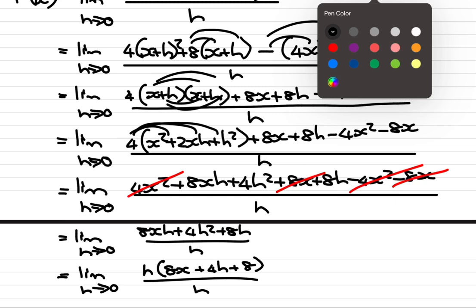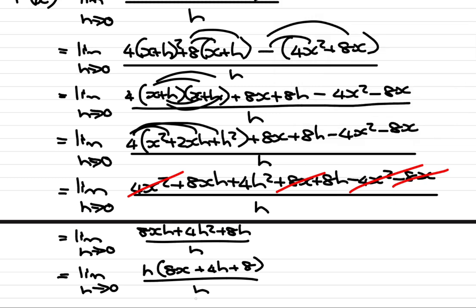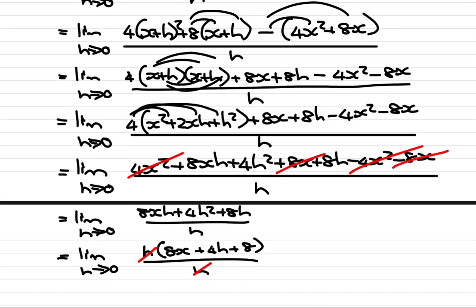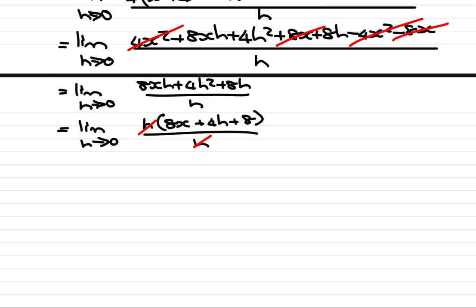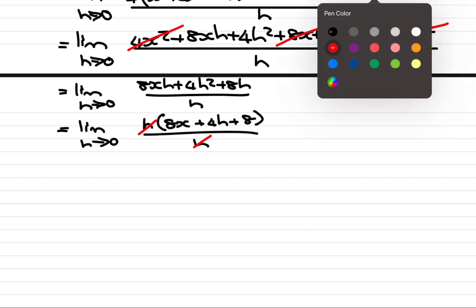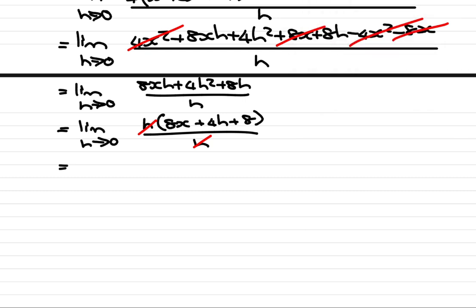And now this and this can cancel out. As soon as it cancels out, I don't have any limits anymore because the h in the denominator is gone. At this point, I'll remove the limit and rewrite my numerator, what's left of it, but I'll replace h with a 0.